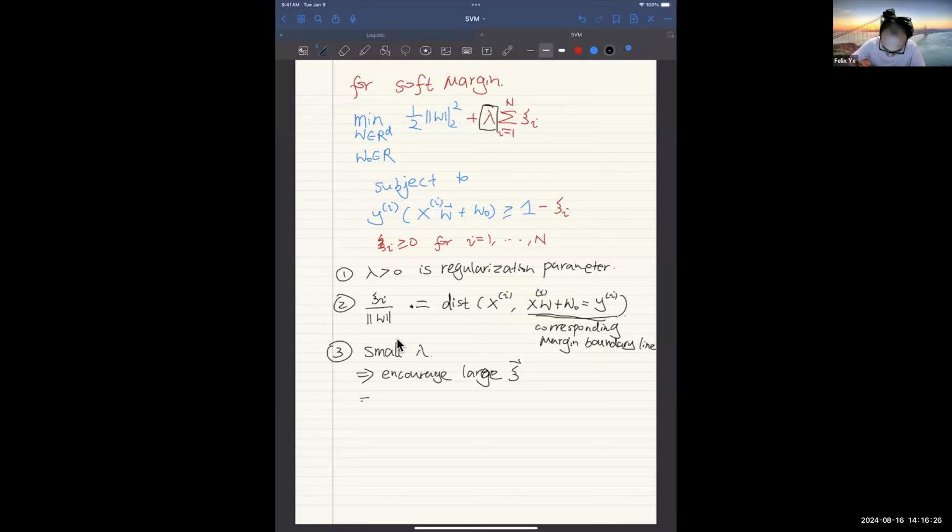So this is basically a balance between misclassifications and large margins, right? If we allow a small lambda, we are going to encourage the misclassifications with the large margins.